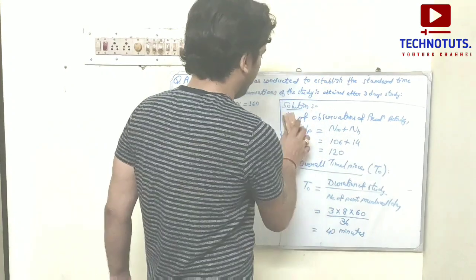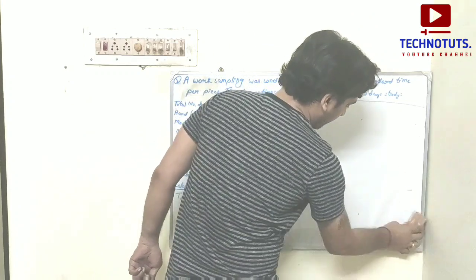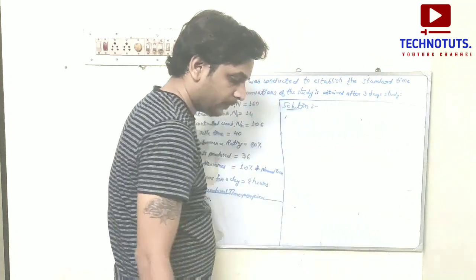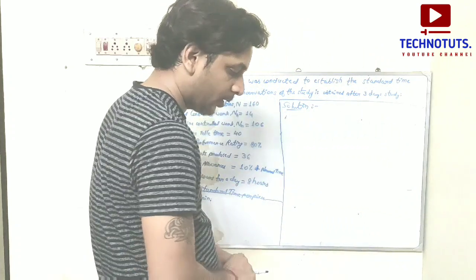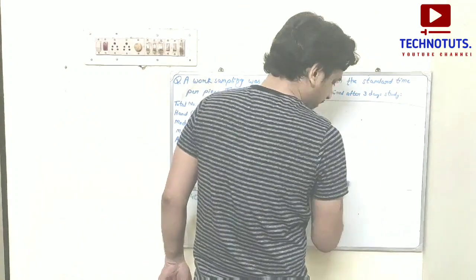So effective time per piece is given by TE, and TE is equal to overall time into percentage production activity.